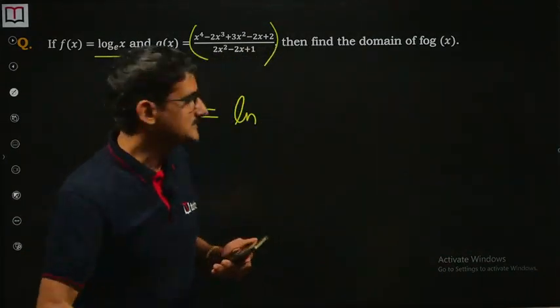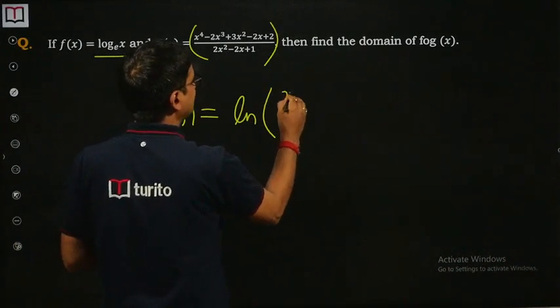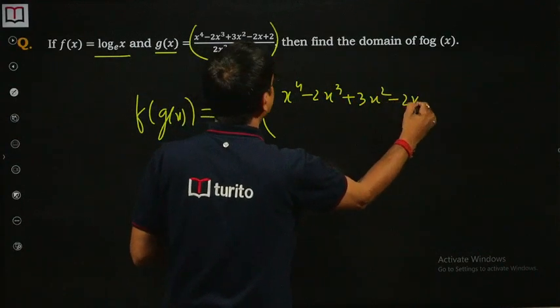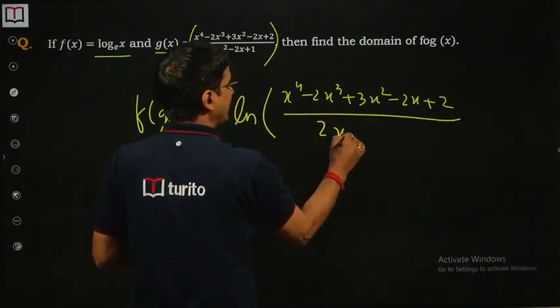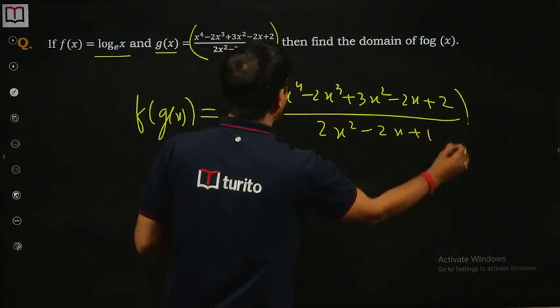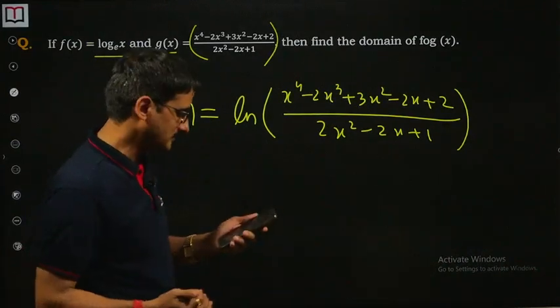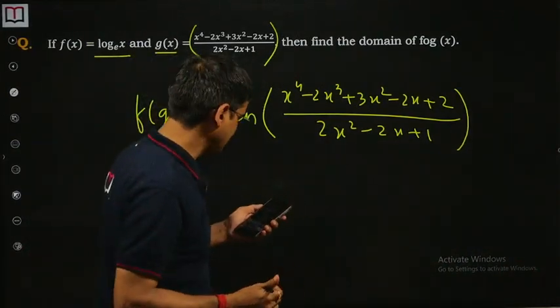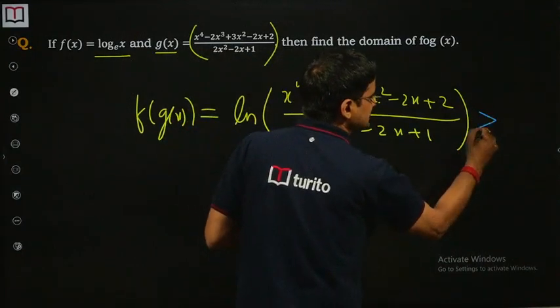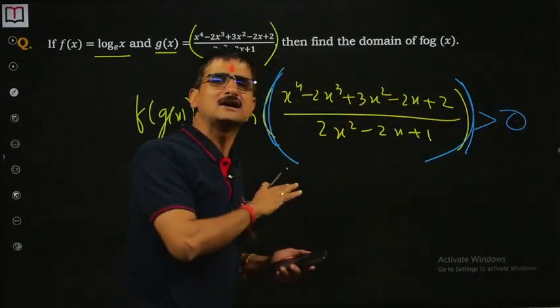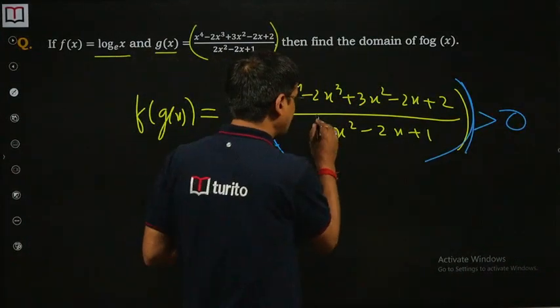So it's ln of g(x), where g(x) is (x^4 - 2x^3 + 3x^2 - 2x + 2) upon (2x^2 - 2x + 1). For the ln function to be defined, we need the input to be positive. The input of log has to be positive, and that's the only condition. And of course the denominator shouldn't be 0.